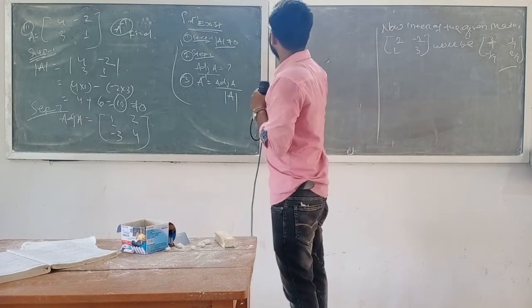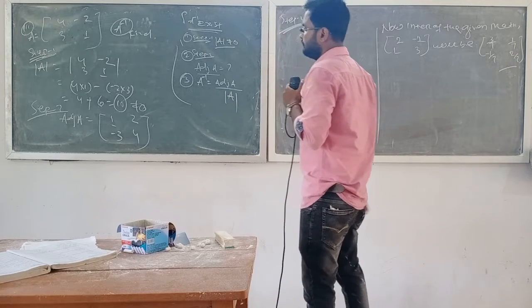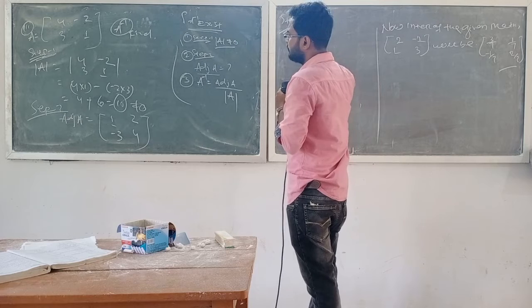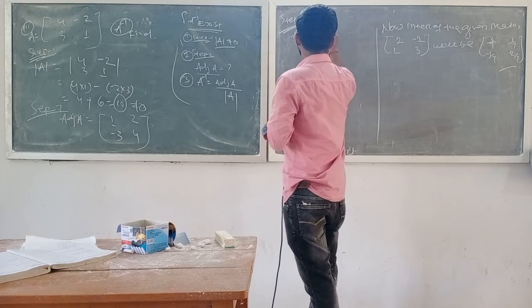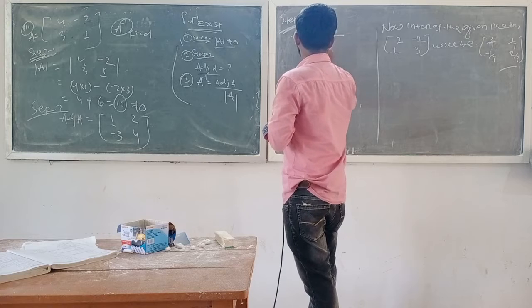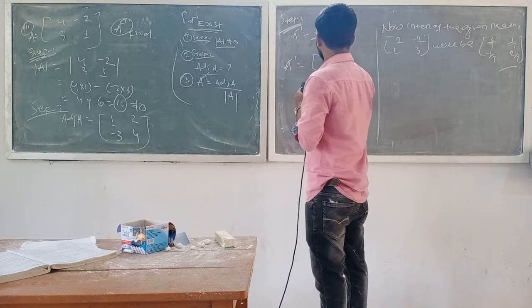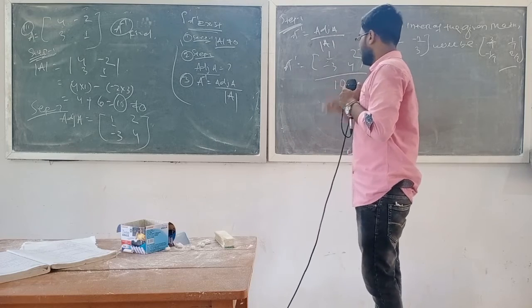Now step 3 will be, our A inverse is adjoint A by determinant of A. Like A inverse is 1 2 minus 3 4 by 10.